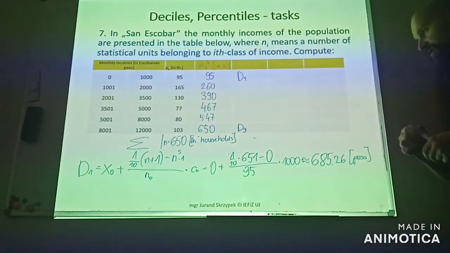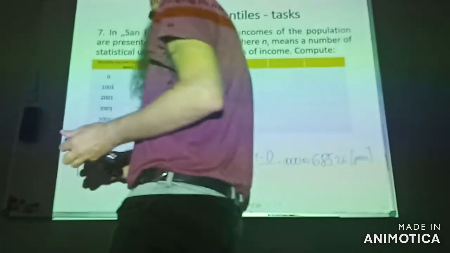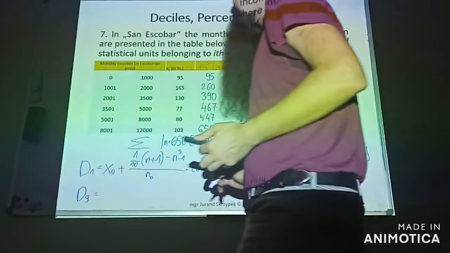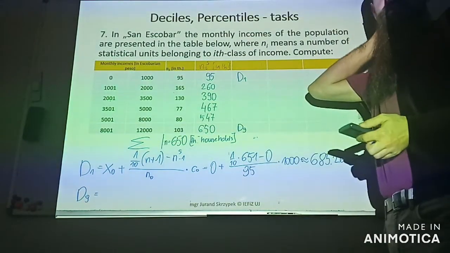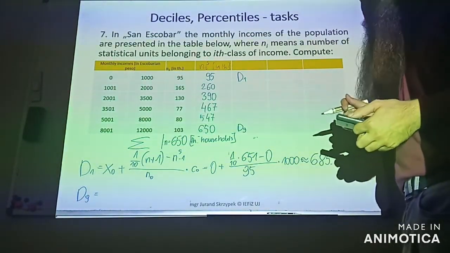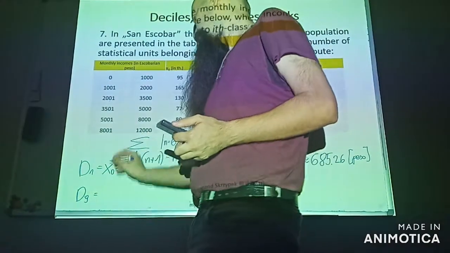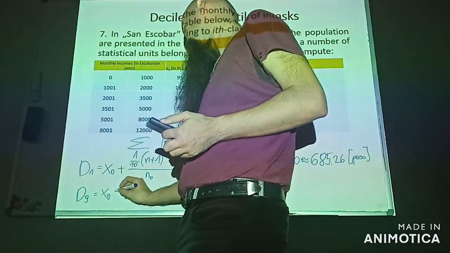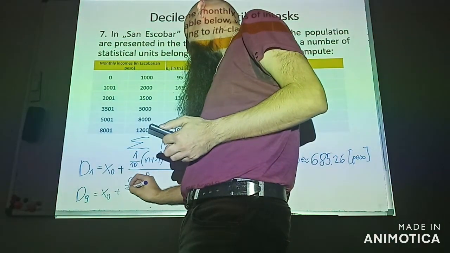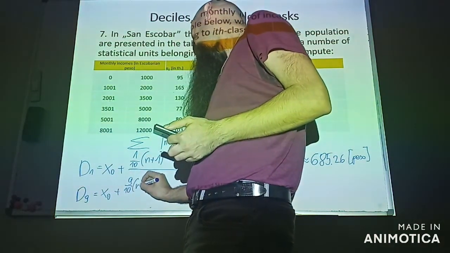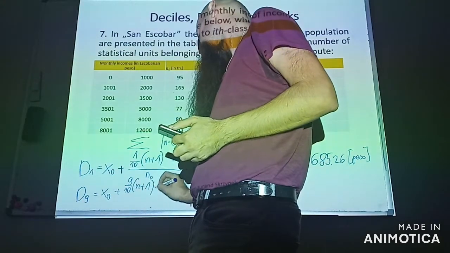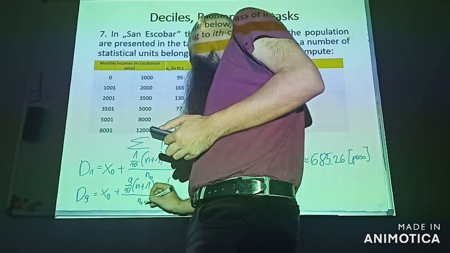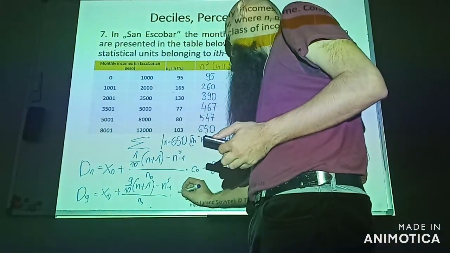Alright. And now we are able to compute the last decile. We know that the last decile is placed in the last class, and the formula is the following: x0 plus 9/10 multiplied by (n plus 1 minus ns minus 1) over n0, multiplied by c0.